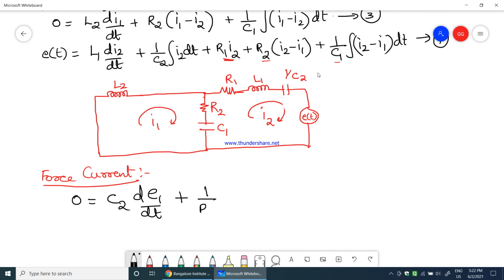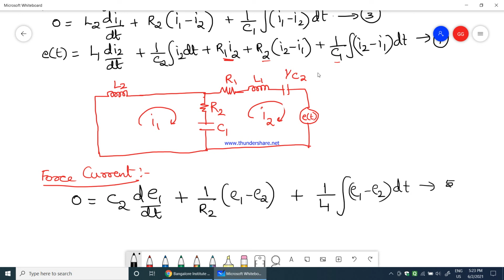Therefore 1 over R2 into E1 minus E2, plus you have the spring which is K, which will now behave as 1 over L. Therefore 1 over L1 integration of E1 minus E2 dt. So this is equation 5.